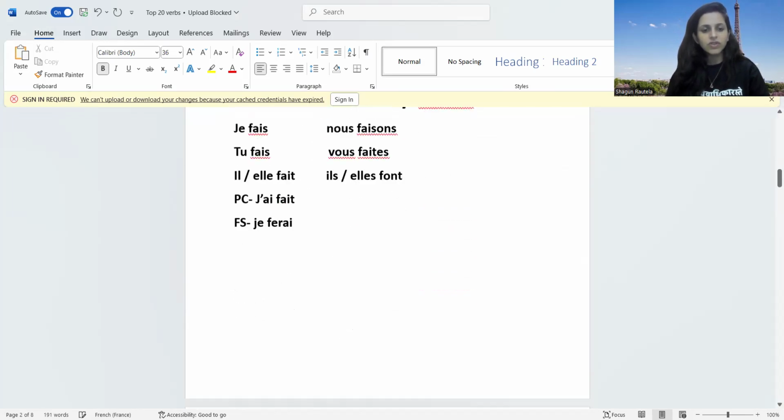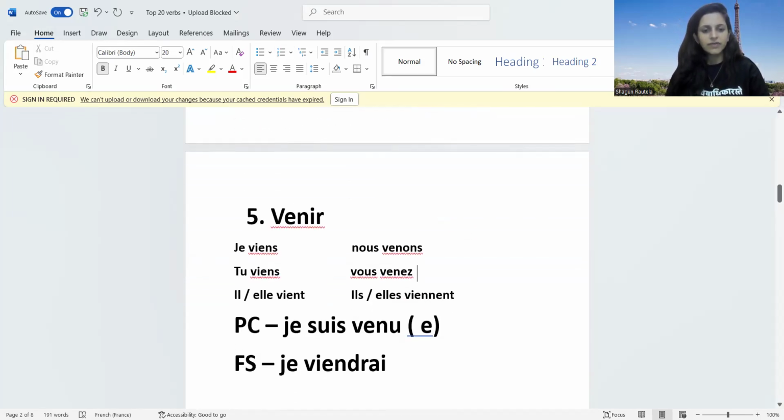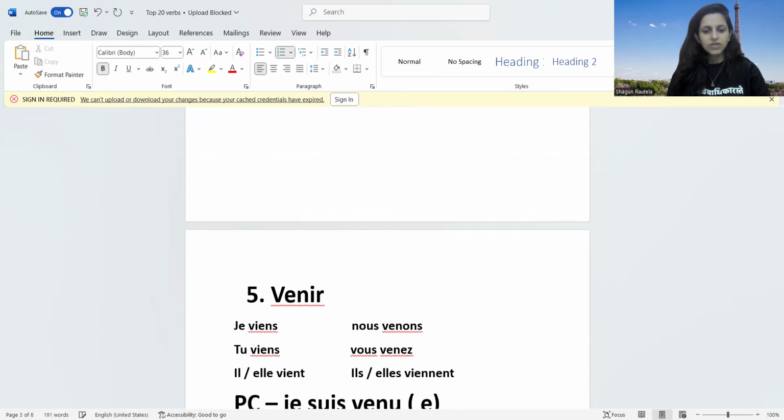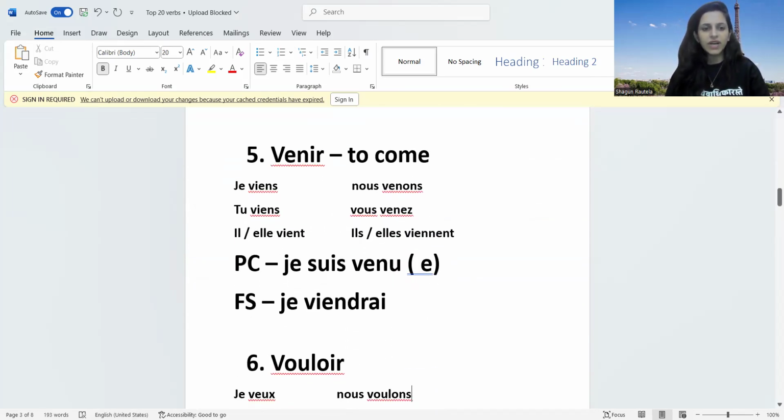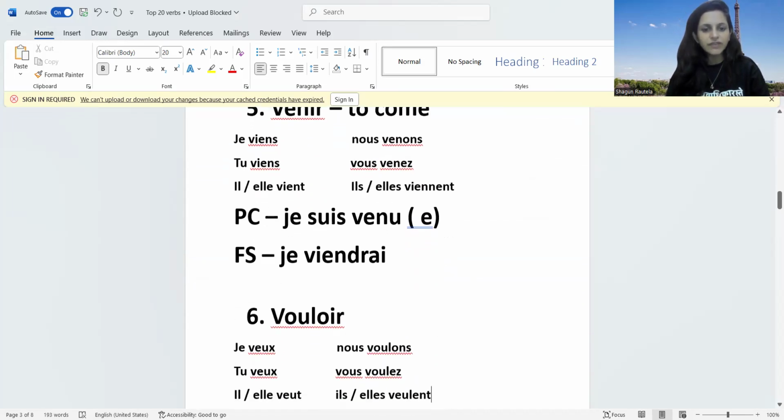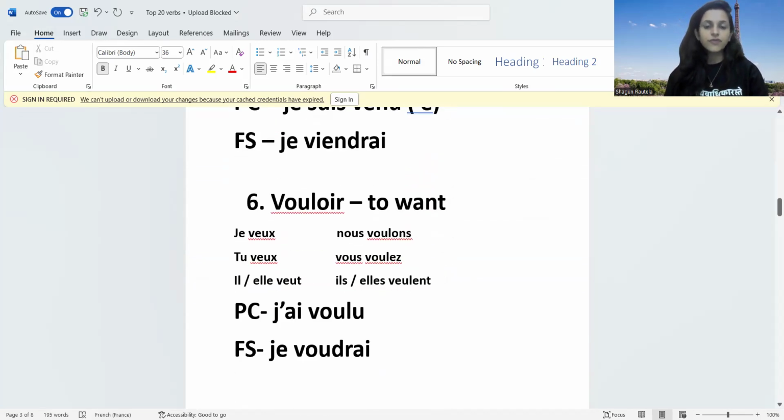It helps to memorize better. Then venir is to come. I hope that you're there with me, and we are done with the first five, and the sixth verb is to want. We're done with the first six verbs. The remaining 14 are still left, so stay there with me till the end.